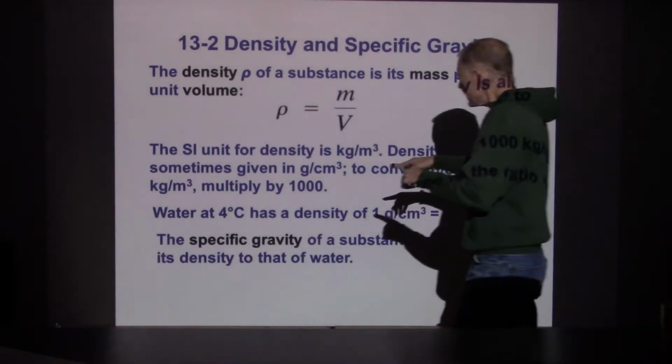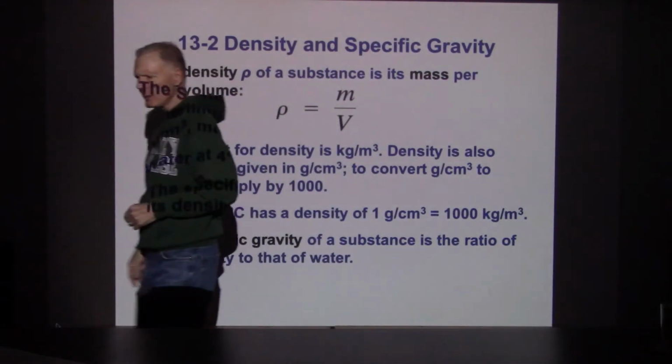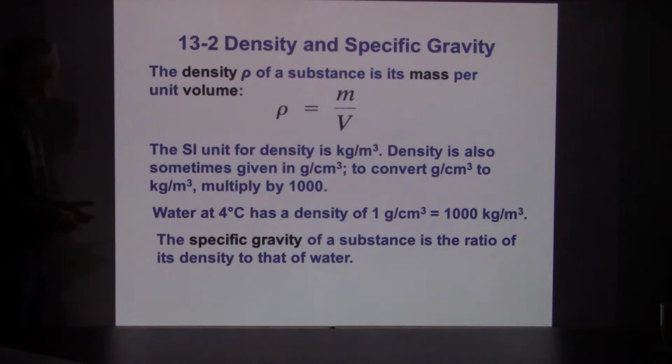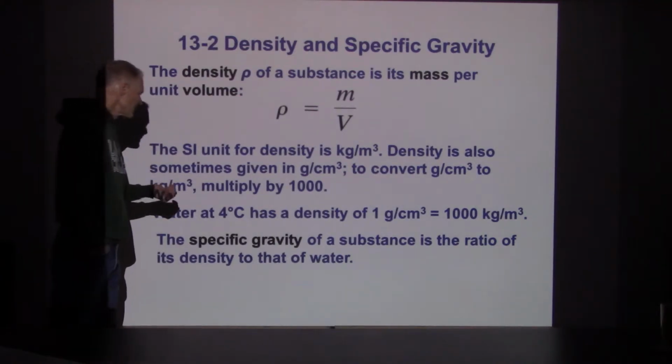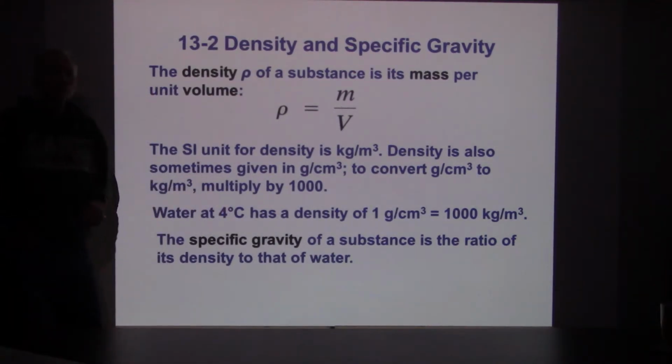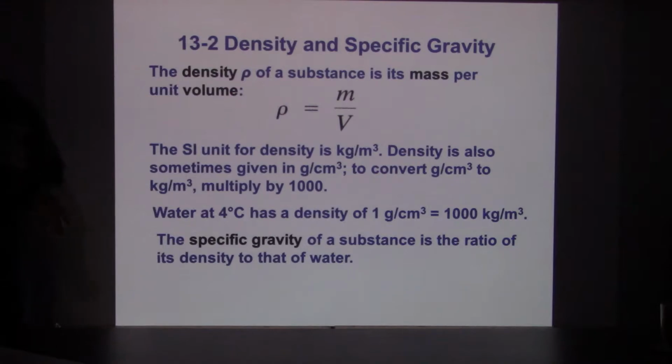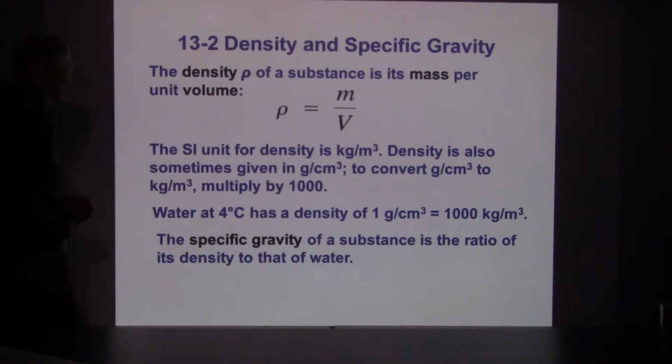All right, and then the textbook brings in this idea of specific gravity, which I guess you need to know. I'm not going to be using that a lot, but specific gravity is a ratio of the density of something compared with water. It's a kind of crazy name, I don't know who came up with it, but it's really a measure of density. It has nothing to do with gravity.